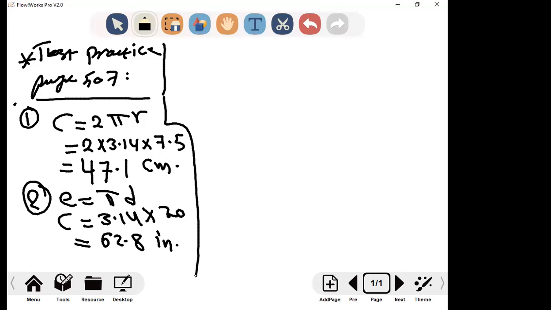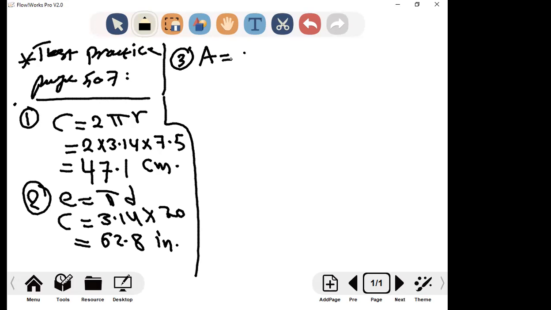Done with question 2? Question 3. Read this. Now, what's the area of the circle? The formula. A equal pi r to the power 2. Question 3.